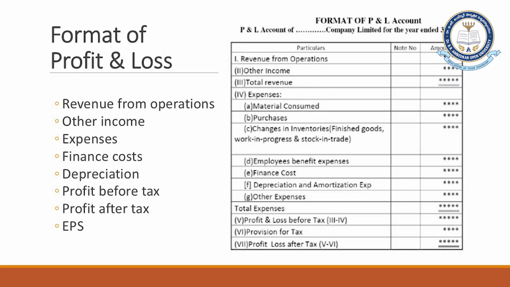Then we pay the taxes and we get profit after tax, and from that profit finally we get the EPS, that is earnings per share. So there we get how a particular shareholder receives.